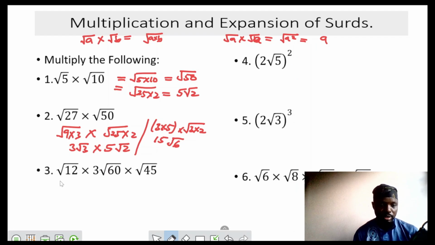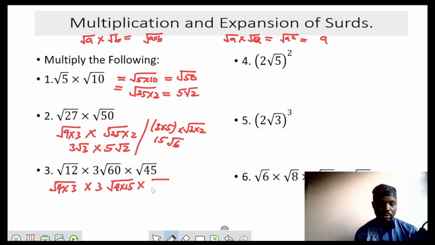So this can be simplified as 4 times 3 times 3. Then you break 60. What is the multiple of 60? 60 can be written as 10 times 6, can be written as 30 times 2, but the one that can help you is 4 times 15.